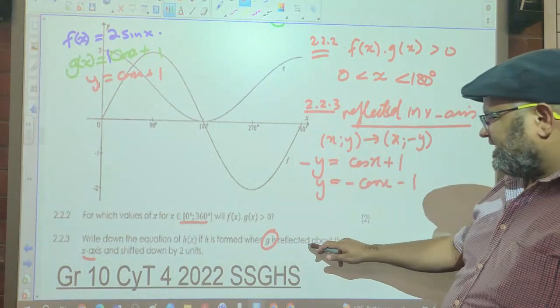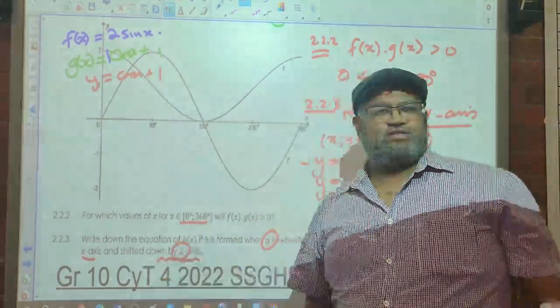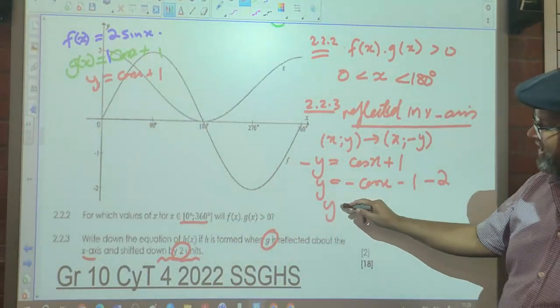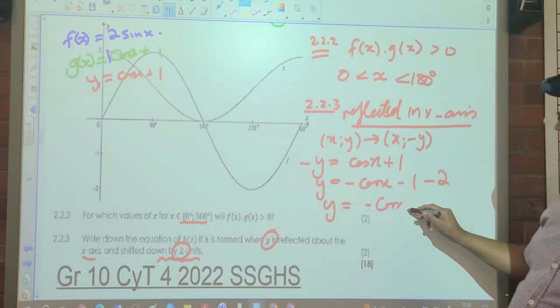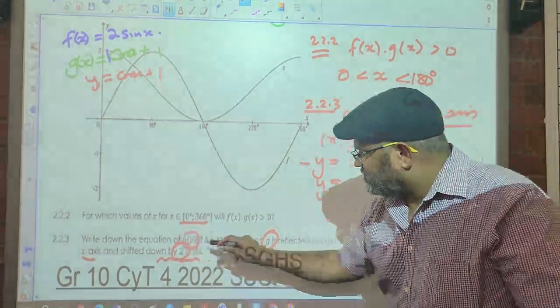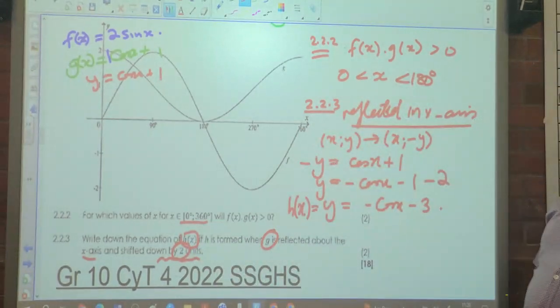So that's reflected about the x-axis. And then shifted down 2 units. So what do I say? Minus 2. So y is equal to minus cos x minus 3. Because it's talking about h of x, I put h of x is equal to that. And there we go.